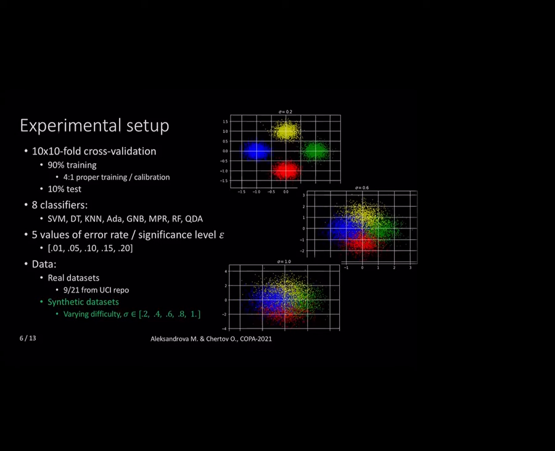How are these synthetic data sets constructed? They are essentially constructed as a set of points normally distributed around 4 centers on a 2D plane, like this. And by increasing the value of the standard deviation, we can obtain classes that overlap more and more, thus resulting in more difficult data sets for the classifiers.